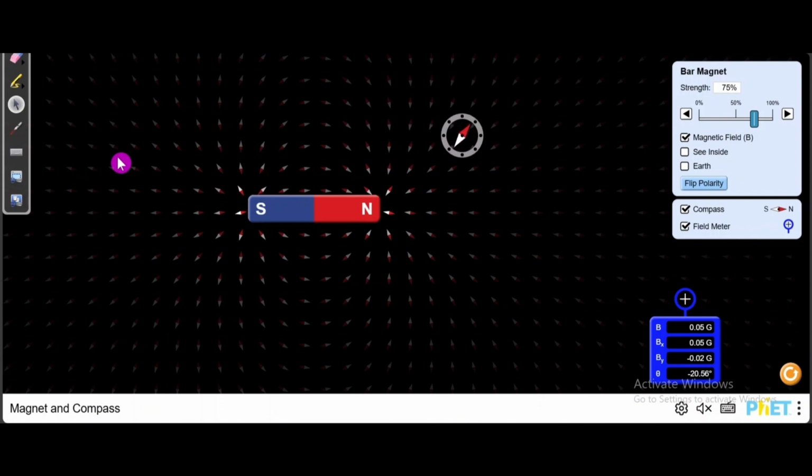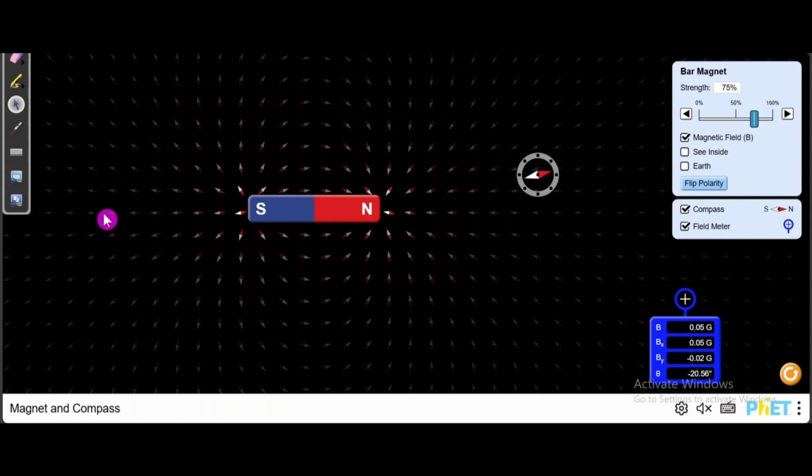At each and every point, if I take the test magnet, that test magnet will feel some force due to this source magnet. The magnitude and direction of the force exerted at each and every point around this permanent magnet are represented by lines. Those lines around the permanent magnet are called the magnetic field lines.